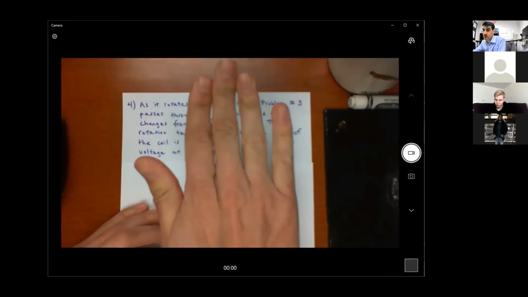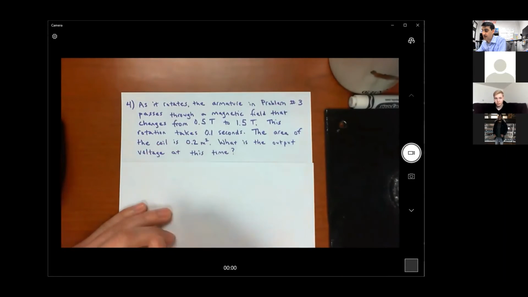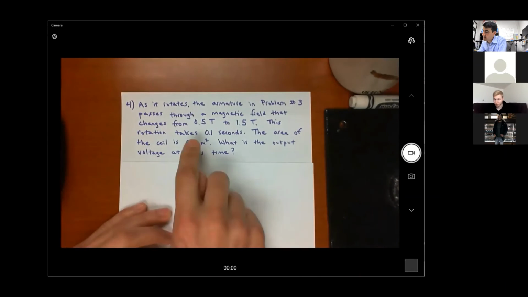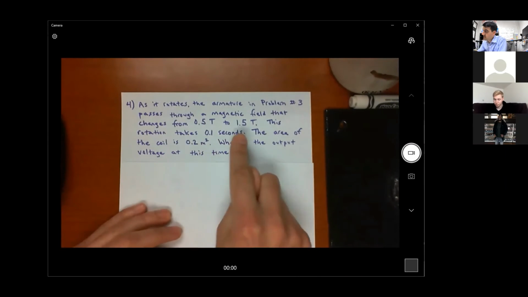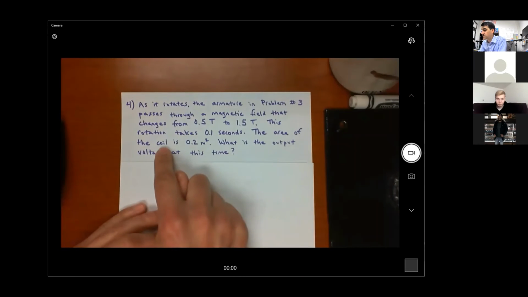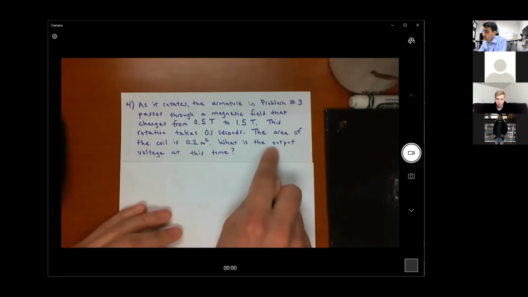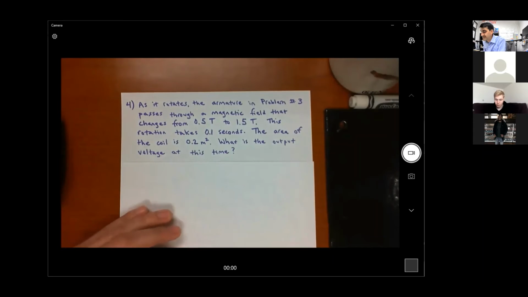So think of that armature rotating through a certain rotation, like from here to here or something like that, a fraction of a rotation. That takes 0.1 seconds. The area of the coil, the armature, is 0.2 meters squared. You tell me what is the output voltage of that generator at this point in time.